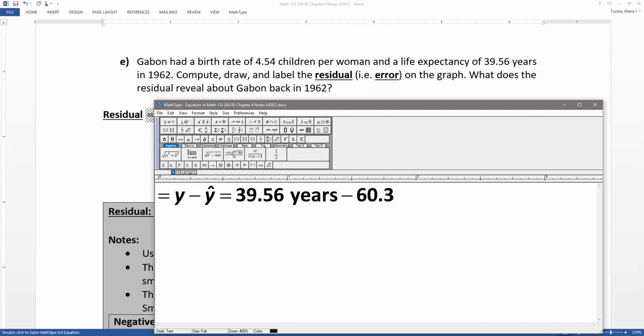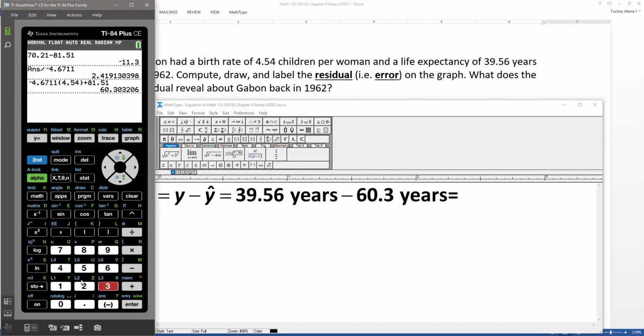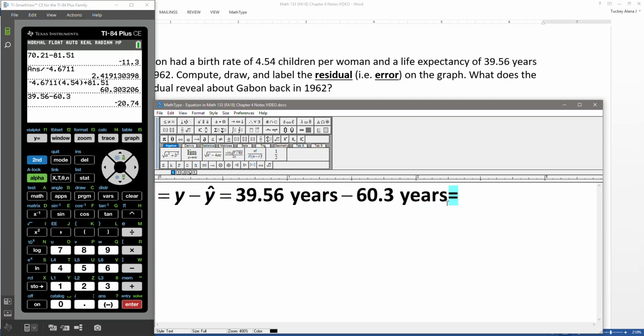It has the same unit as the y value for our data set. So if I take 39.56 and I subtract away 60.3, I get negative 20.74. So that would be my residual, negative 20.74 years. It has the same unit as the y values for my data set.